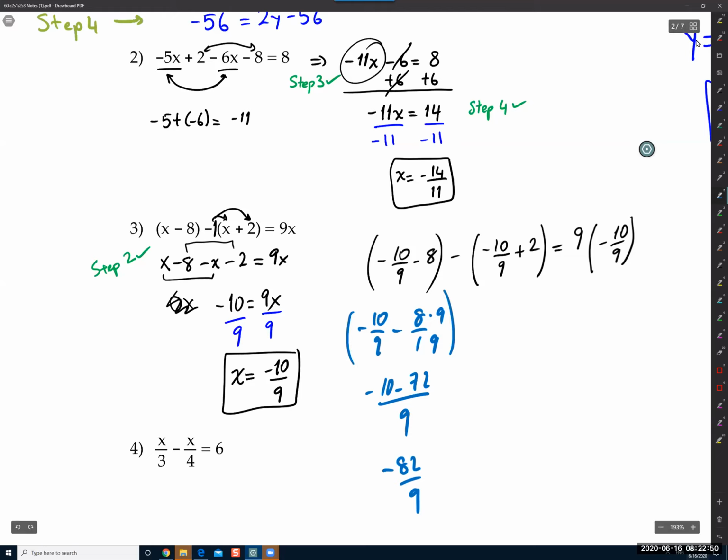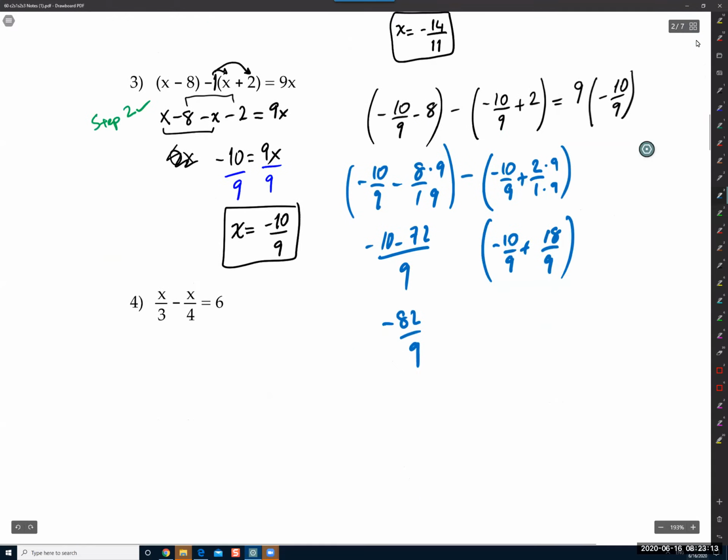This is the first parenthesis. How about the second parenthesis? But don't forget, you subtract these two parentheses. Similarly, negative 10 over 9 plus 2 over 1. Actually, I'm explaining how to add or subtract fractions at the same time, I'm just not going slowly. Multiply the top and bottom by 9. So that will be negative 10 over 9 plus 18 over 9. Let's add them together.